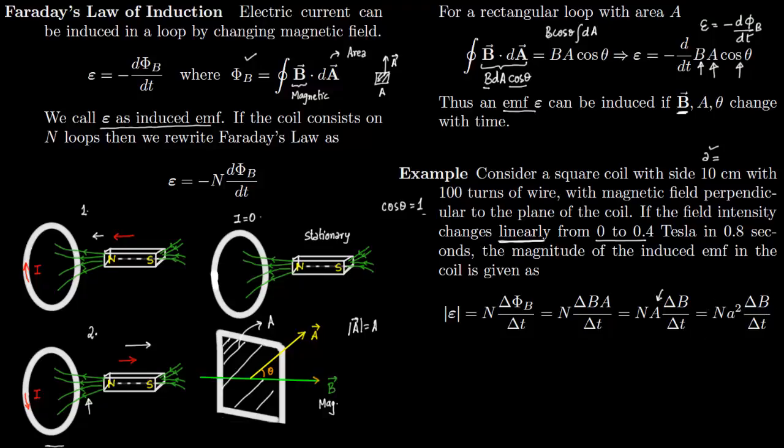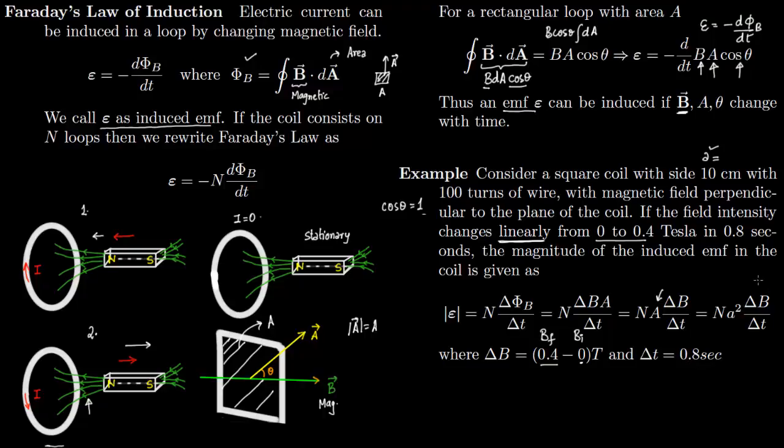Now delta B: the field changes from 0 to 0.4. This is the initial value, and this is the final value of the field. So B final minus B initial will give you 0.4, and this changes in 0.8 seconds, so the change in time is 0.8 seconds.